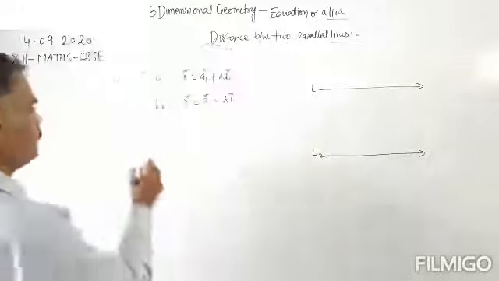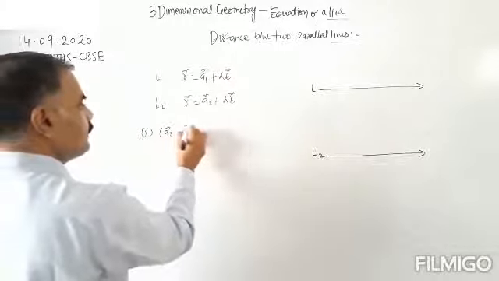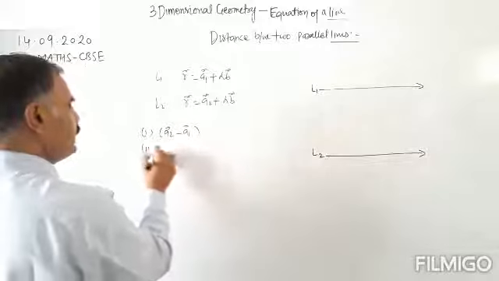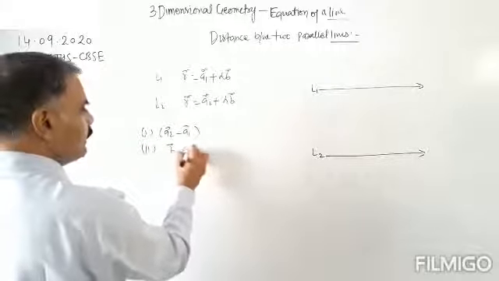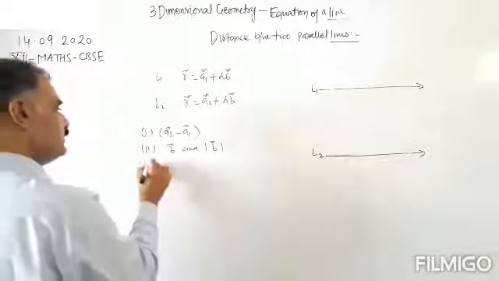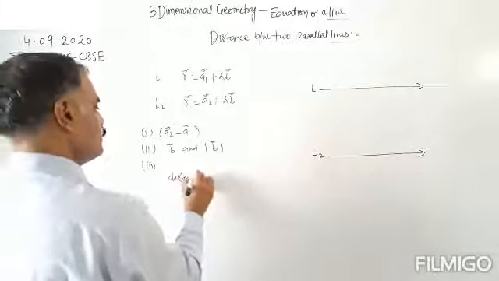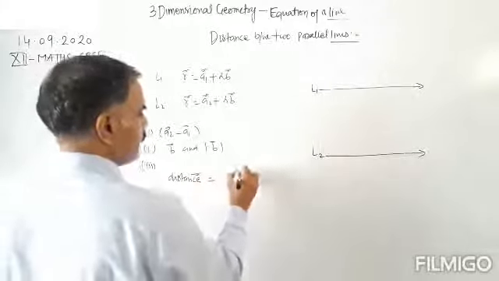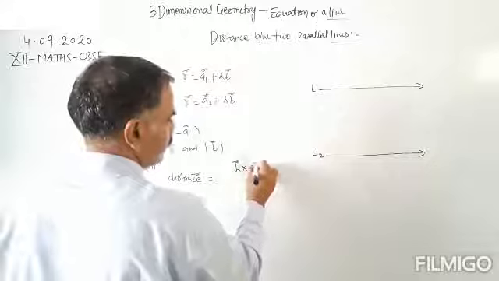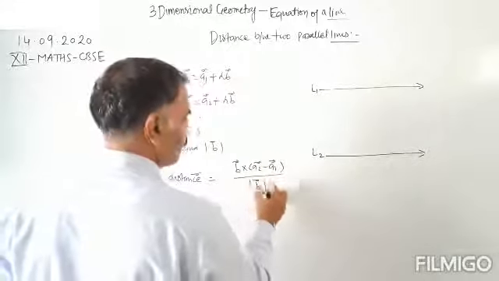The algorithm is: find a2 vector minus a1 vector, then find the b vector and the magnitude of b vector. Third, the distance equals b vector cross a2 vector minus a1 vector divided by the magnitude of b vector.